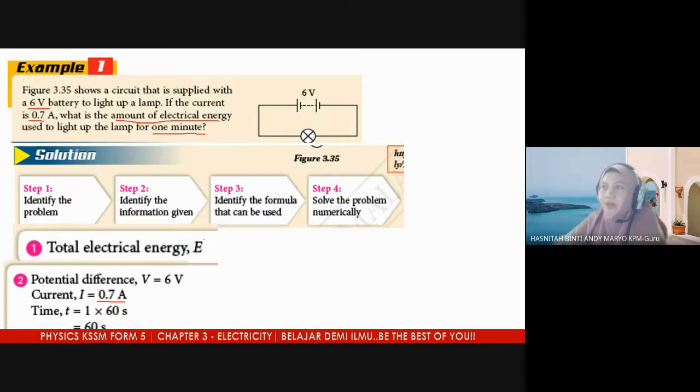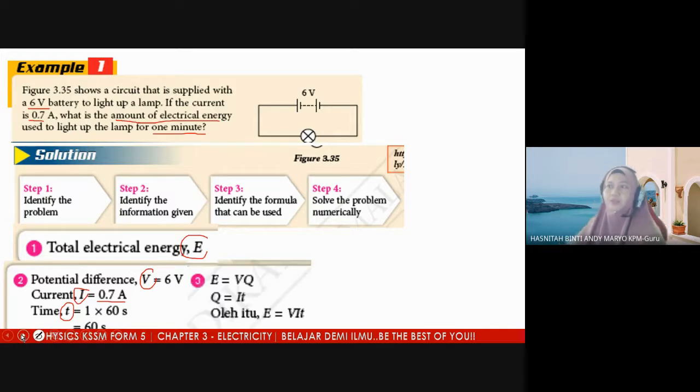We are looking for E. We have V, I, and T. So this is the first equation, right? We generated it from 3.4.1. So you boleh guna juga this one. E equal VIT. We are using this E equal VIT.